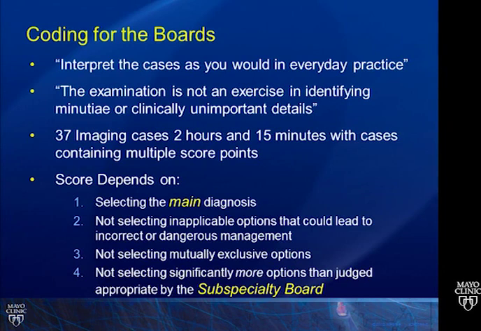Your score is really going to depend upon those main diagnoses, not selecting things that are wrong, things that would hurt the patient or lead to the wrong management plan for a given situation. Also, you want to make sure you don't accidentally select mutually exclusive options, and that you are not selecting significantly more options than is judged to be correct.